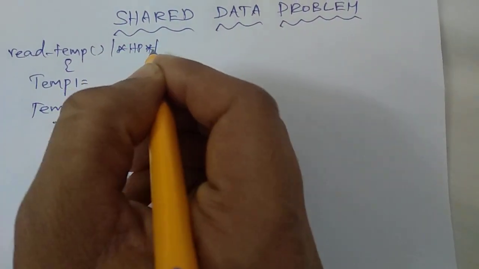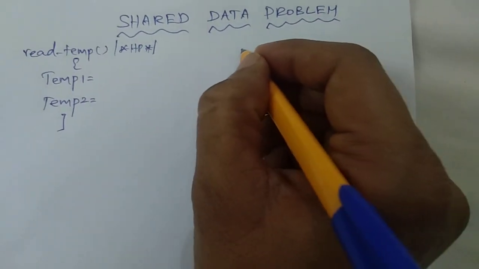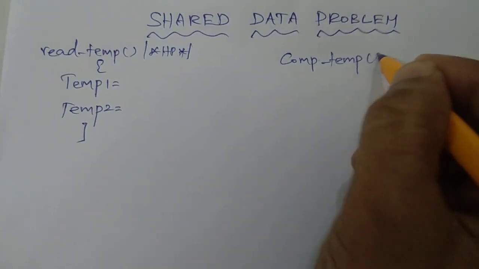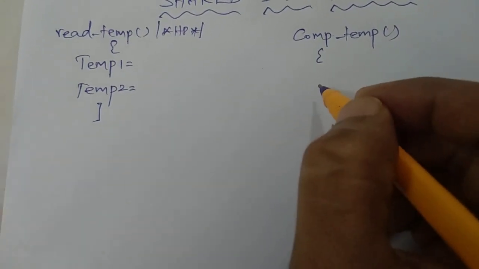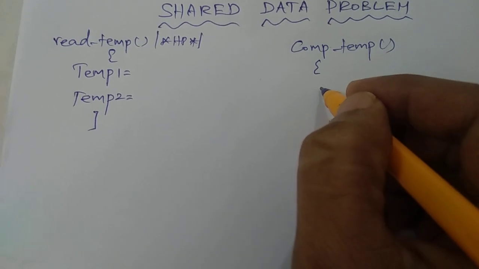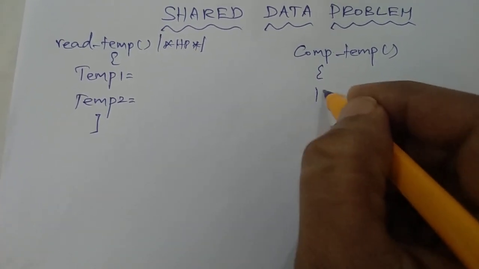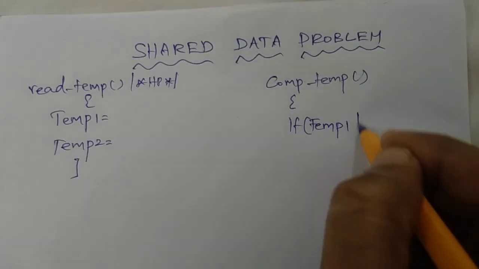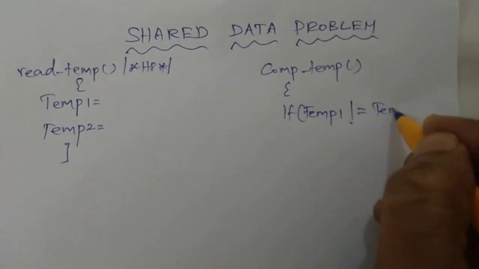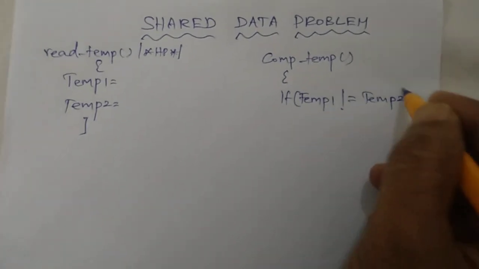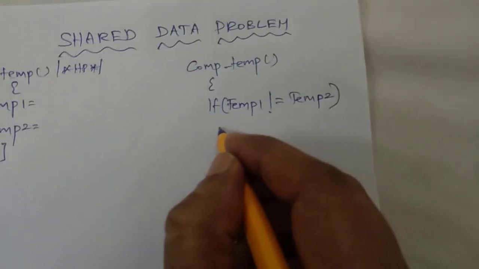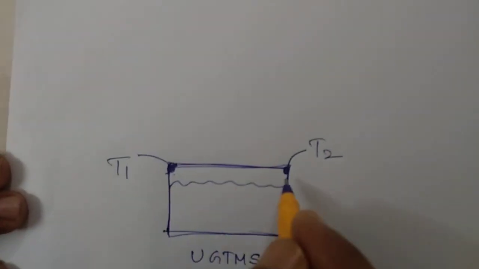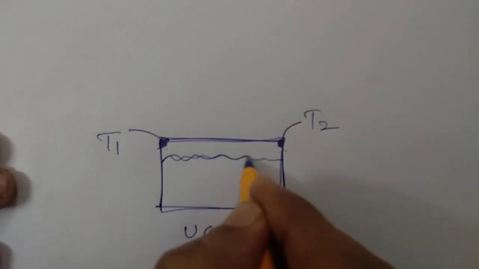And there is a compare temperature function, which compares the temperatures. If temp1 is not equal to temp2, it will switch on the fire alarm, because if both temperatures are not equal, it may indicate an emergency.